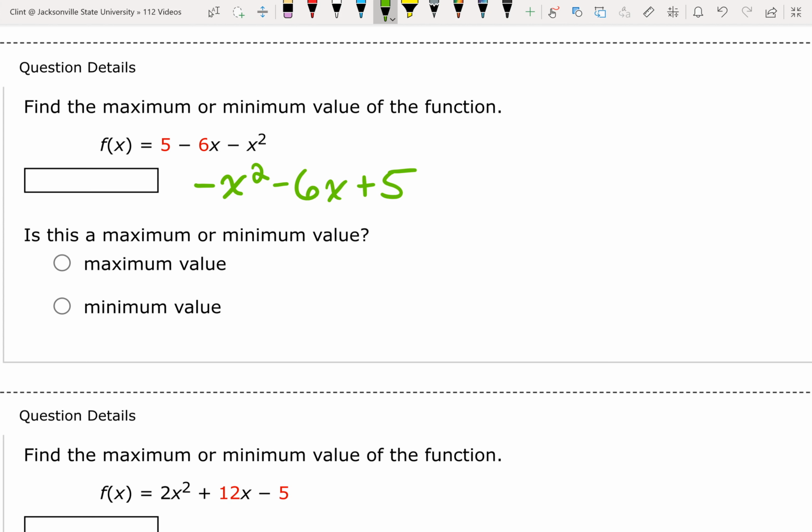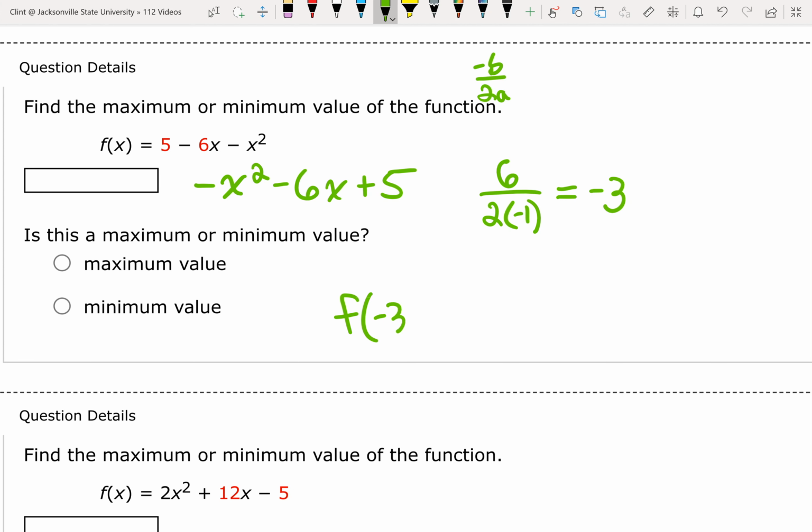So here we'll do negative b over 2a. So we'll do 6, that's negative b, over 2a, so that's 2 times negative 1. So 6 divided by negative 2, negative 3, that's our x coordinate. That's not what we want, that's where the minimum or maximum occurs, but we actually want the minimum or maximum value, so now we're going to take negative 3 and plug this in.